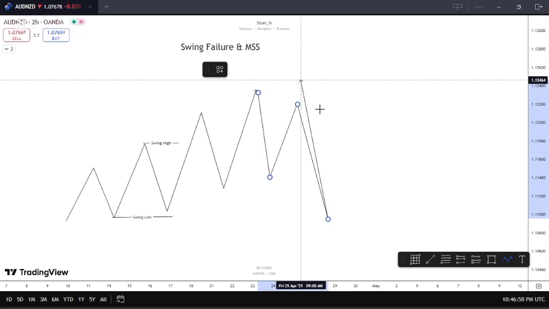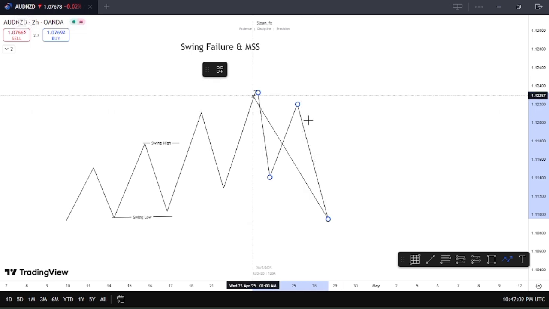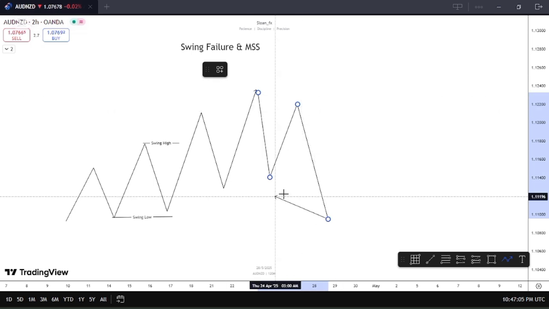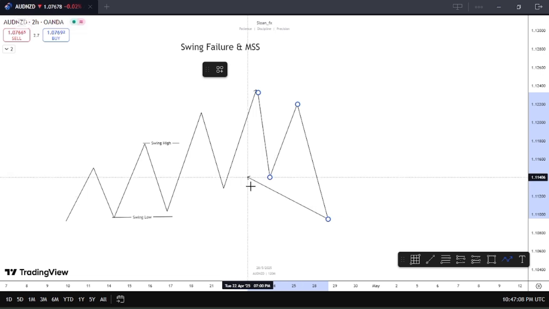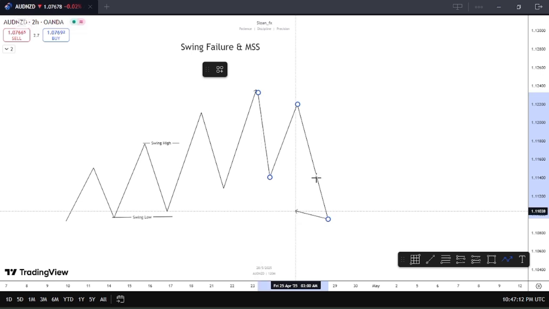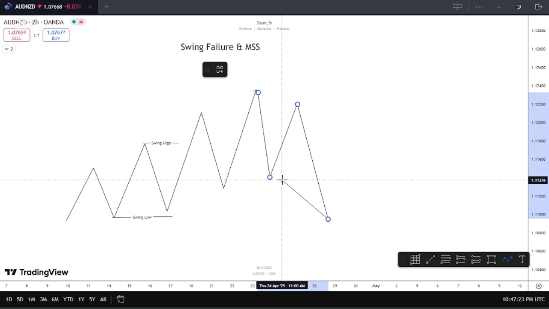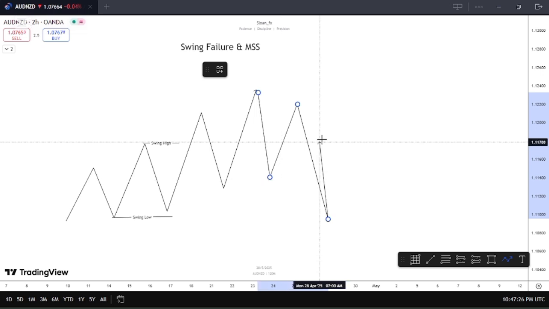One thing I will always advise: when you see a shift in market structure, depending on the type of trader you are, if you are a risk taker and your appetite for risk is high, you can take your entry from this first shift, from this order block right here, taking your buys from a downtrend to an uptrend.